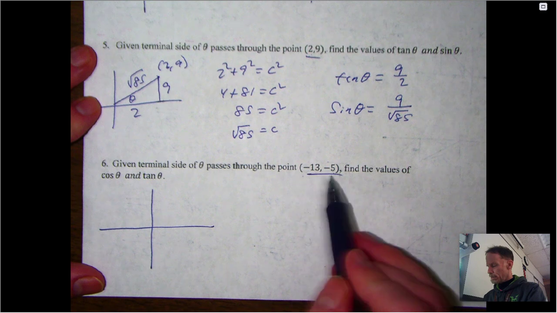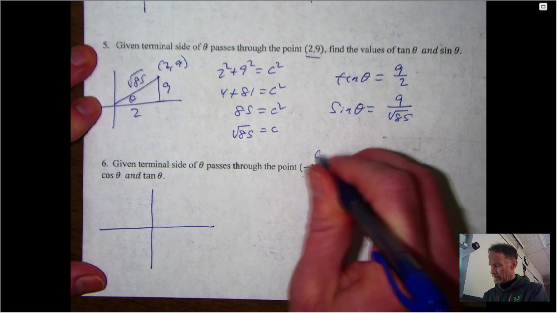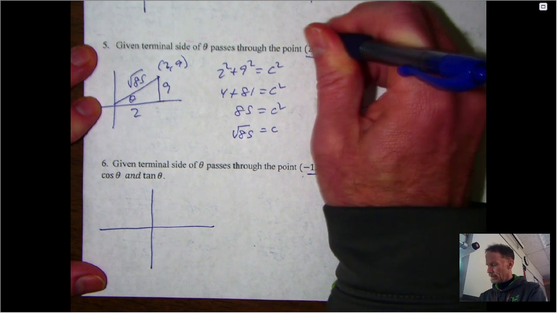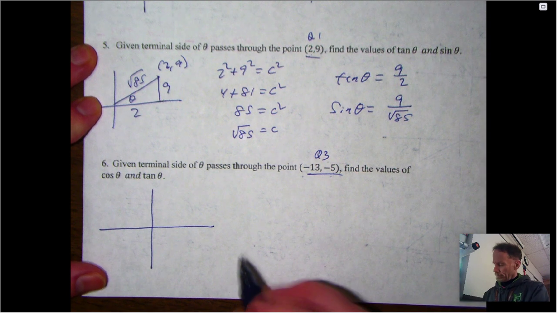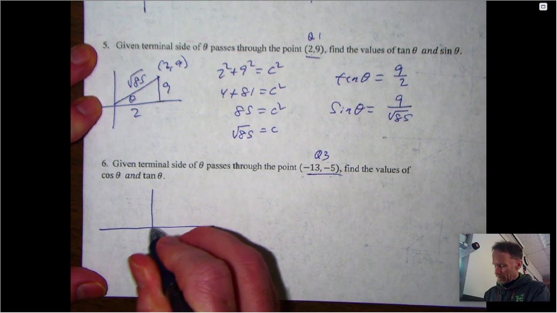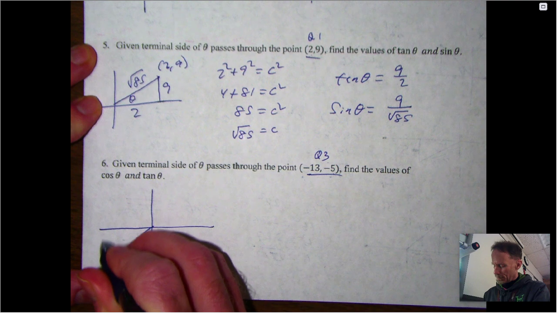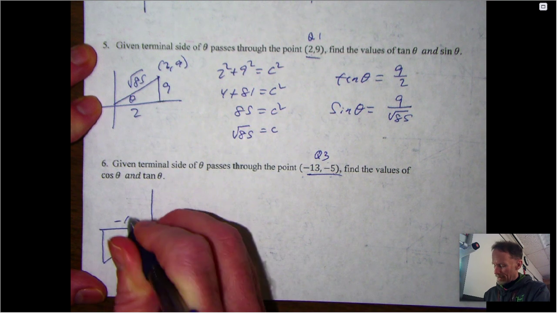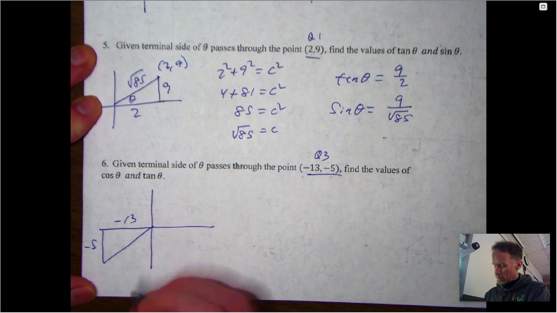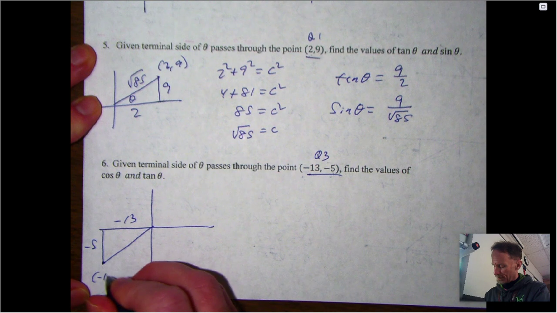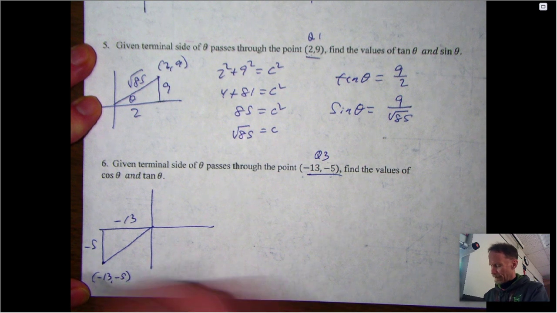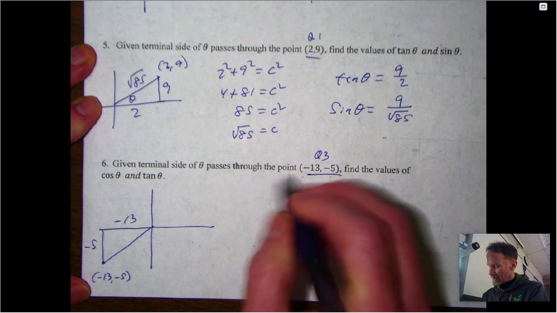So here, obviously, they're both negative, so that's going to be in quadrant 3. So -13, -5 is going to be down here somewhere. -13 is the x, -5 is the y. Pythagorean theorem to find my missing side.